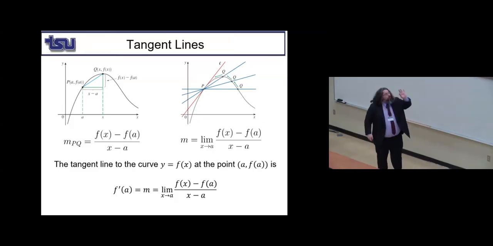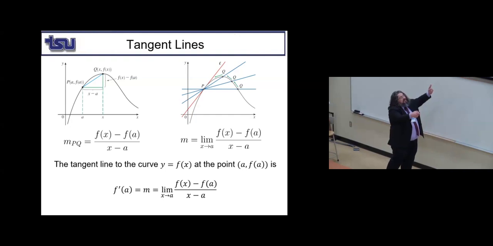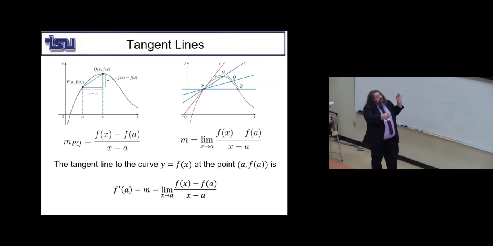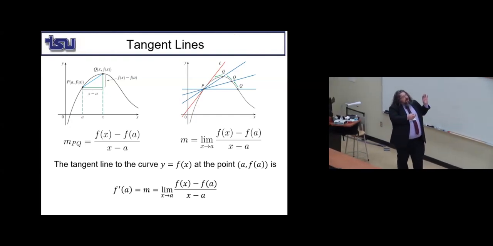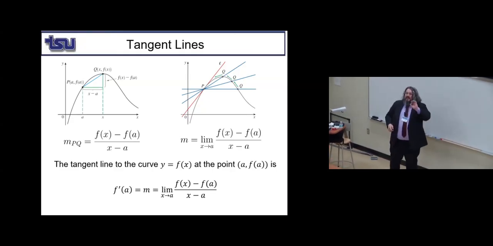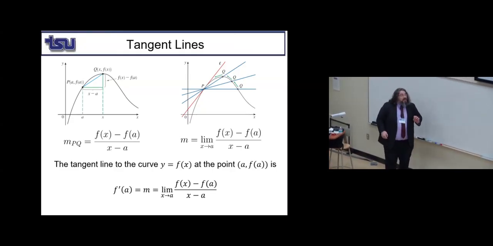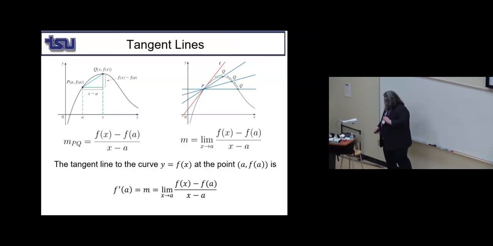So if I wanted to approximate the derivative of the function at the point P, I could try taking another point Q that's very, very close to P. Choose an x that's almost at a and evaluate this fraction. That will give me a number that is close to the derivative, even if I don't have a formula for f. In many cases, that's what we have to work with.